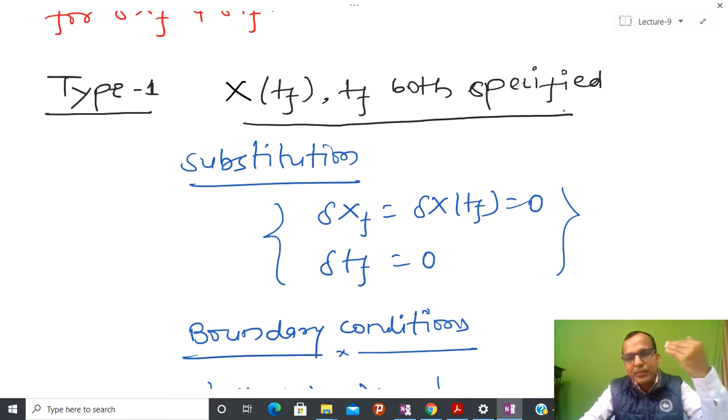Again we have to look at the variational problem. At that time one cannot put delta x(t0), that is the variation on x(t0), equal to 0, since that might be arbitrary if it is not fixed. If that is specified, then it equals 0.